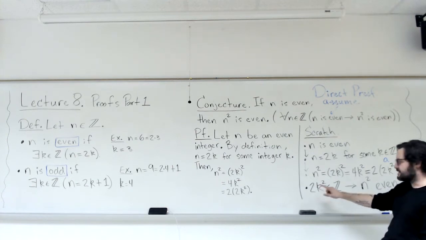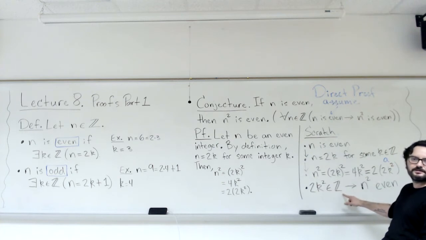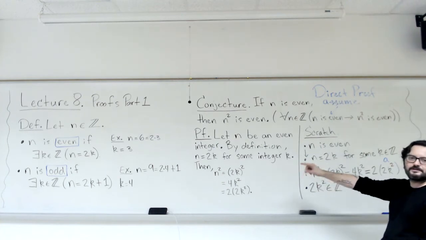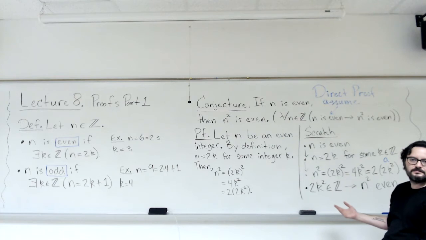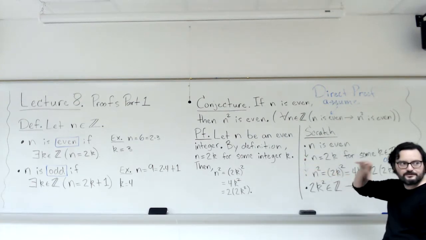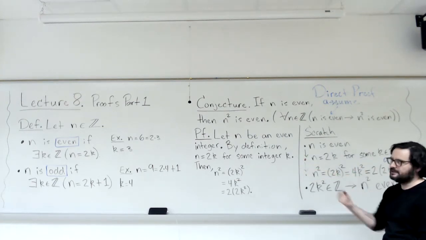Maybe we could say something like, since 2k squared is an integer, n squared is even by definition. Referencing back to the definition, so if they forgot what the definition was by that point, they can go back and look it up.